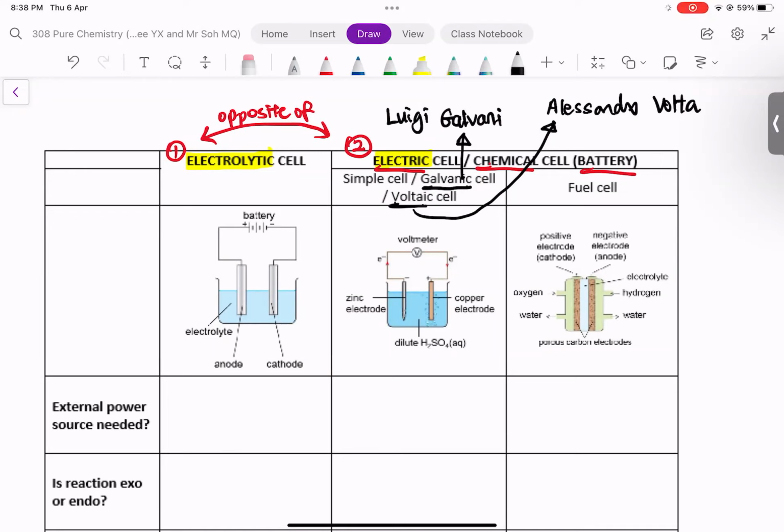And that's why you also often hear voltaic cell. The voltaic cell is actually just a simple cell. The galvanic cell is also just a simple cell. It's just that it's named after a scientist. So very often discoveries and innovations are named after different people. That's it.